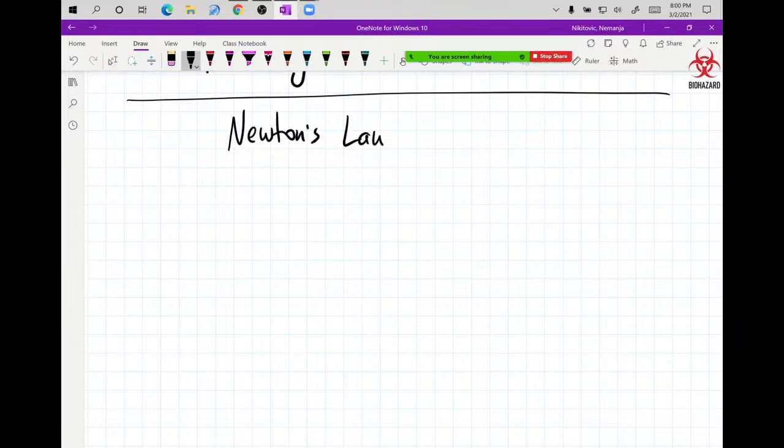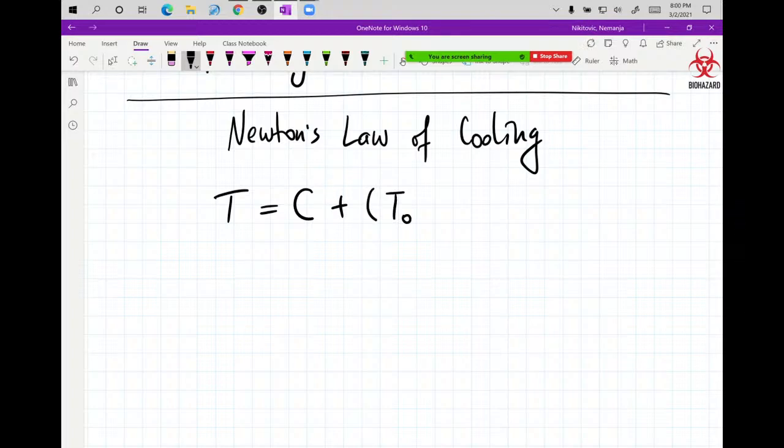So Newton's law of cooling, as I said, goes both ways. It's used to heat up and to cool off materials. And the equation that is generally given to you on exams, because you will learn this equation and how to derive it in differential equations. Sometimes some people even do it in calculus too.